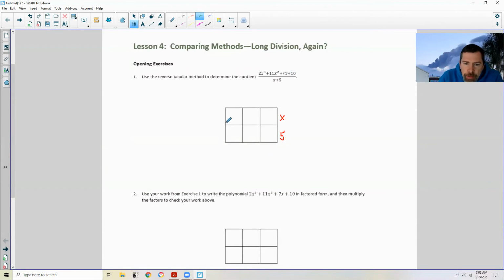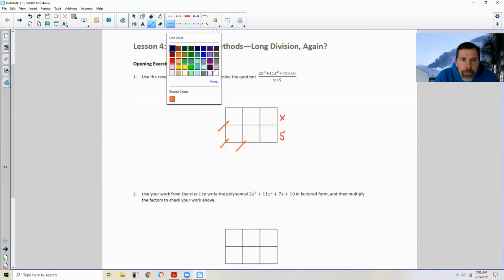So 2x cubed. Let me first put some arrows here.